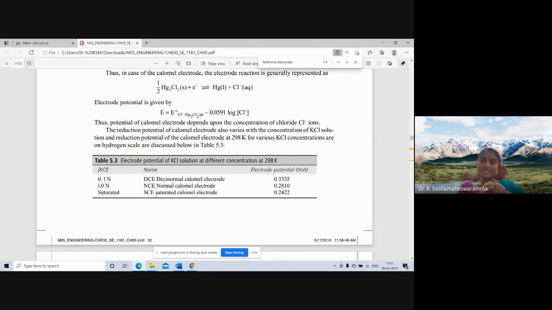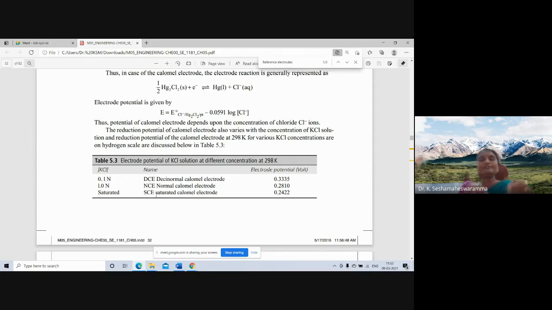What is meant by saturated? Saturated means, while it is forming solution, some amount of potassium chloride is in the undissolved state in the solution. That is known as saturated potassium chloride.